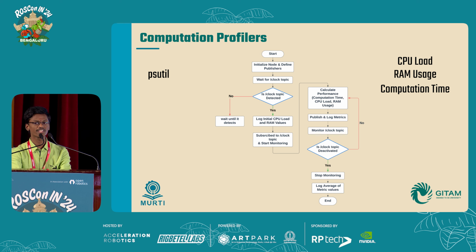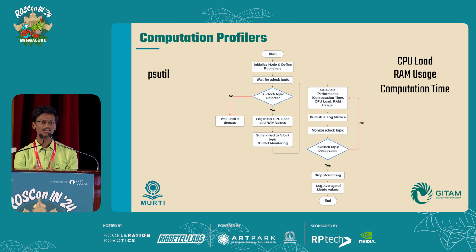Because in the system we usually run multiple hundreds of things in the background, and that affects our result when we run that SLAM algorithm. So we thought of looking at topics. When we launch a SLAM file, there is a whole set of topics being published, and we observed that.